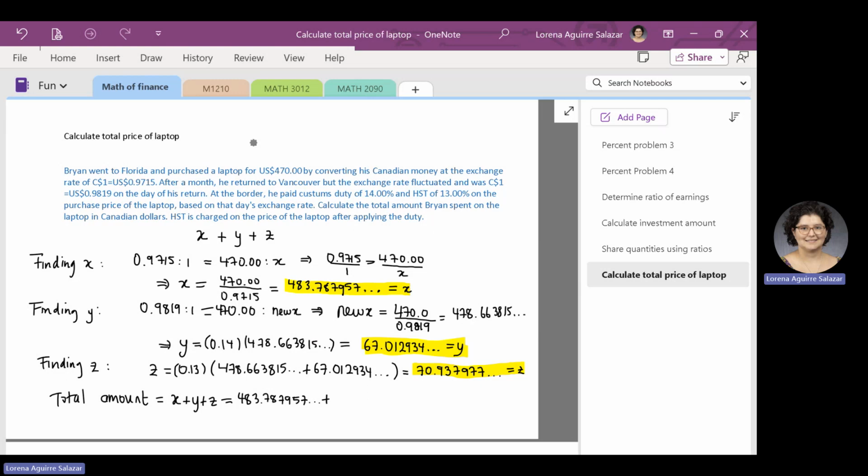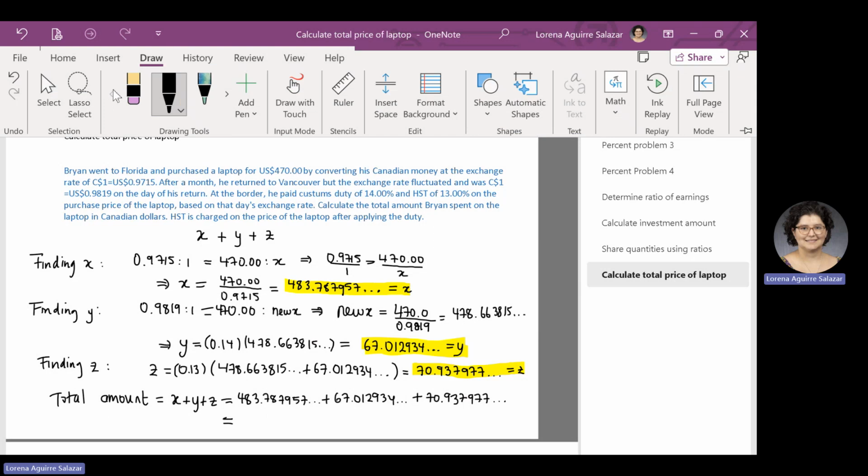We add that number with 67.012934. We would continue like that. Then we add 70.937977. We continue like that. We don't round those quantities off. We round the answer off, but not the quantities we obtain in the process. The final answer is rounded off to 2 decimal places.